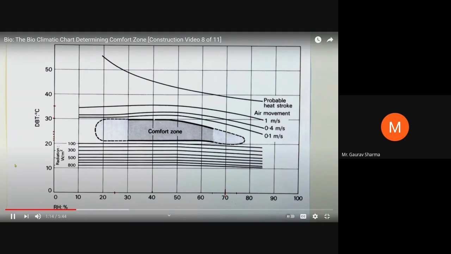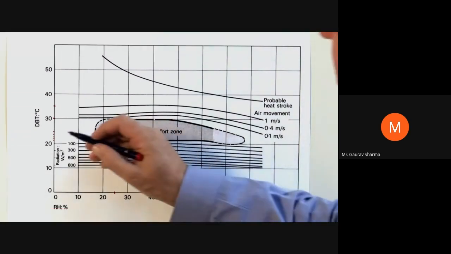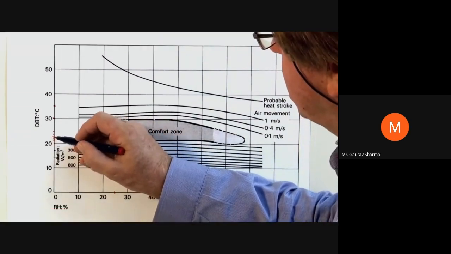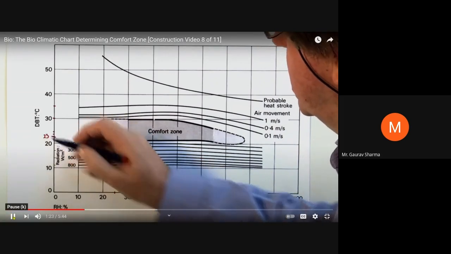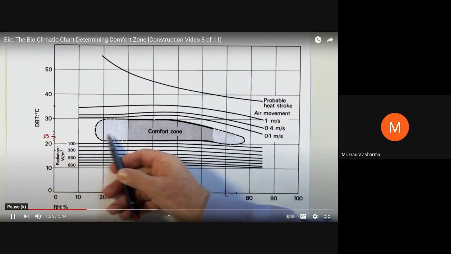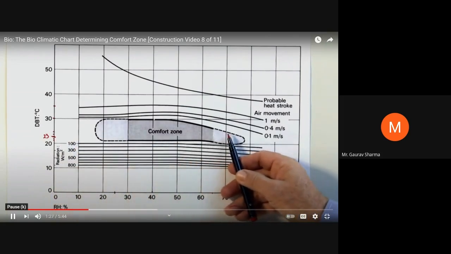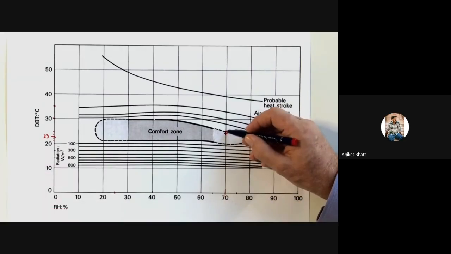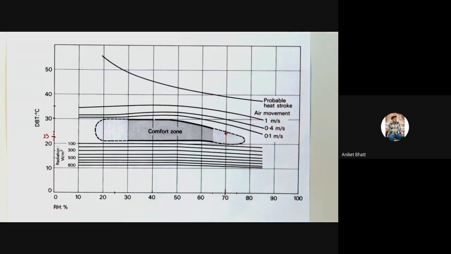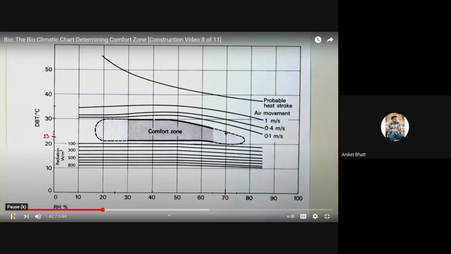The dry bulb temperature was 23 degrees. So 23 degrees plots about here. And we move across and we intersect with the 70% about here, which tells us that we're pretty close to the comfort zone.